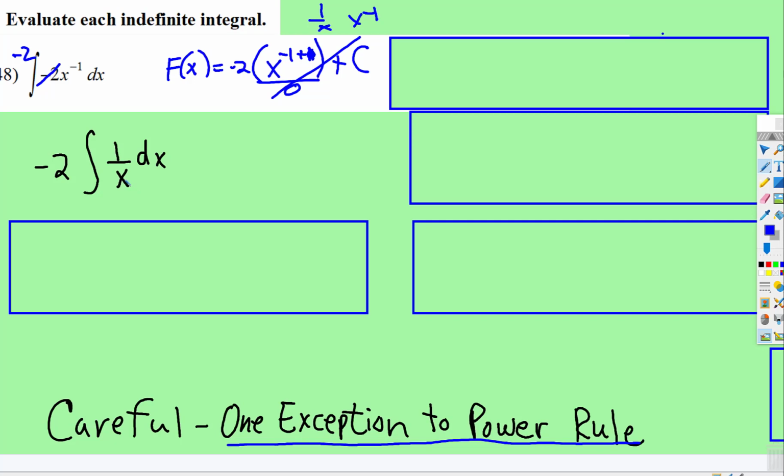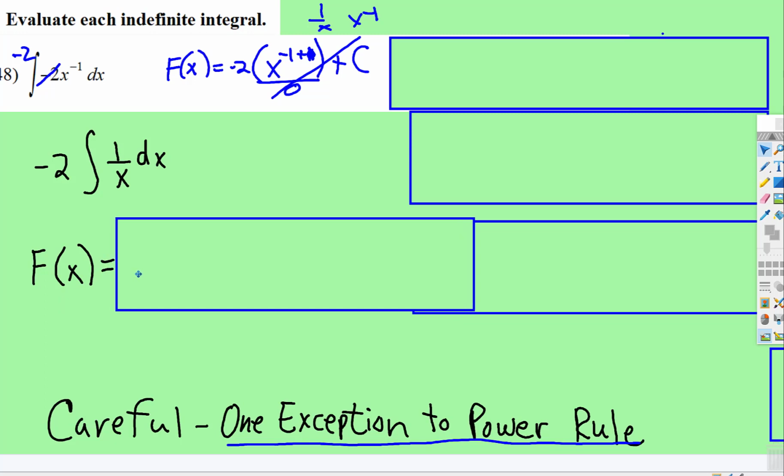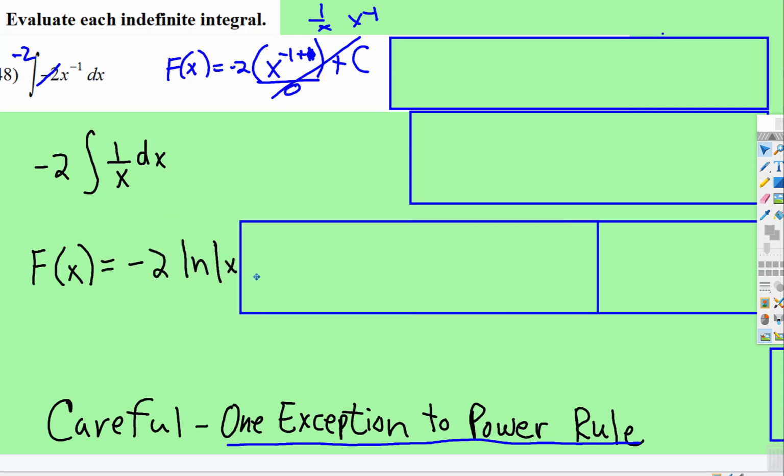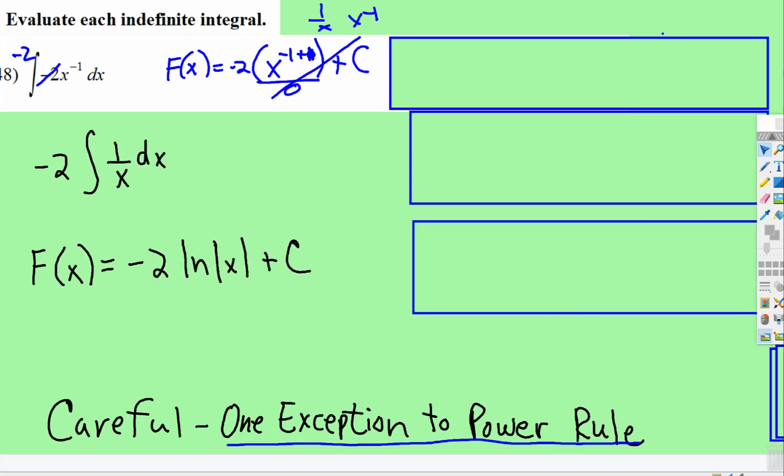So the function whose derivative is 1 over x, we can write, so capital F of x is equal to -2 ln of x. But here is the thing you must remember. Remember, you cannot take the natural log of any negative numbers.